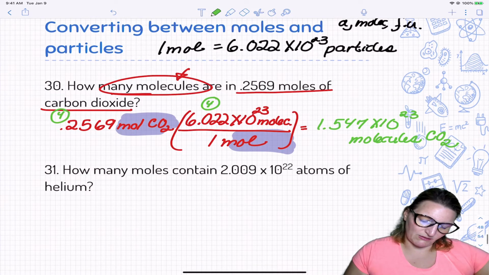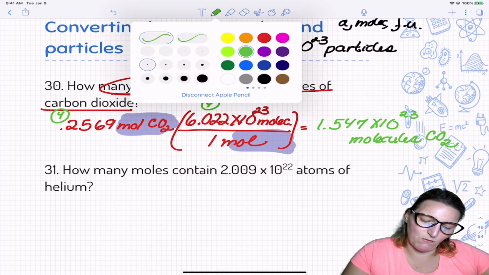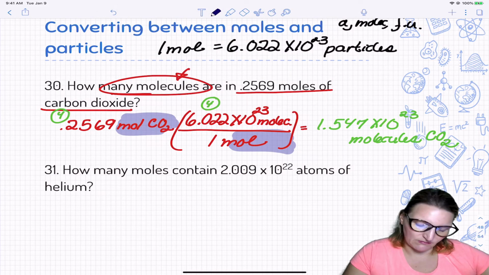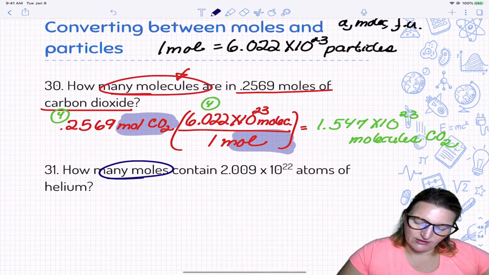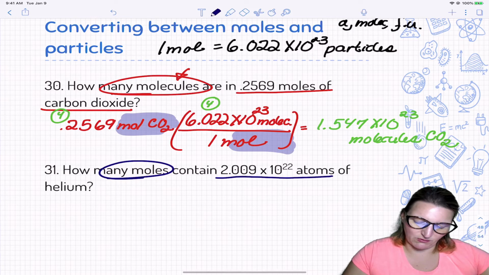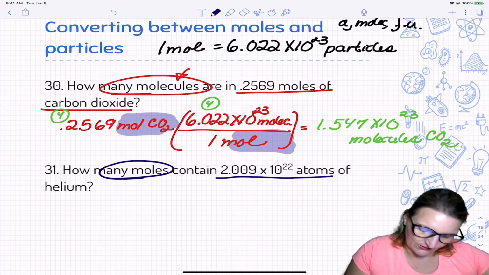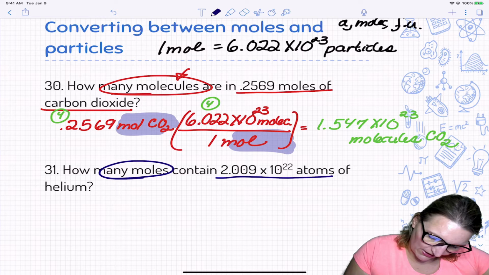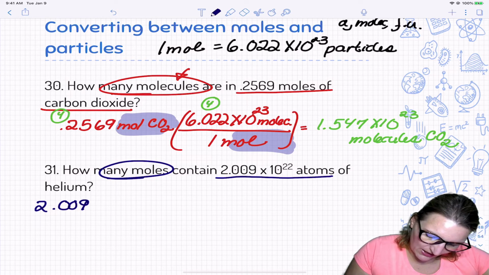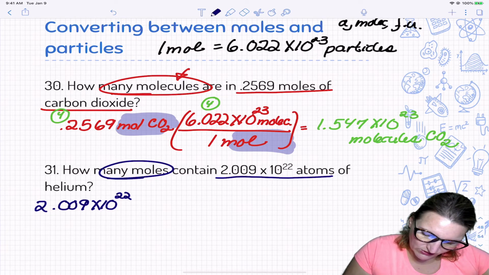And the final problem with moles and particles, how many moles, circle the do, contain 2.009 times 10 to the positive 22 atoms of helium? So take the number that's given to me and write it out front. 2.009 times 10 to the positive 22 atoms of helium.